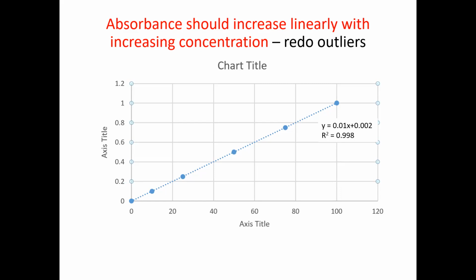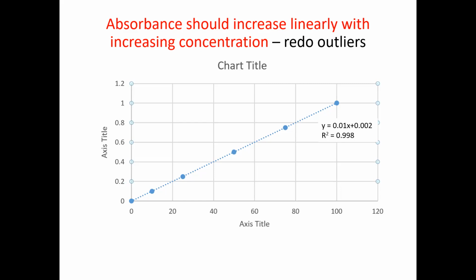Most of the time, you'll be forcing the graph through 0, and you will not have that b, 0.002. If you're not getting close to 0 without forcing, then chances are you're not pipetting well. So this data is good. It goes close to 0. When we force it through 0, you'll probably have a y equals 0.01x with no b component.